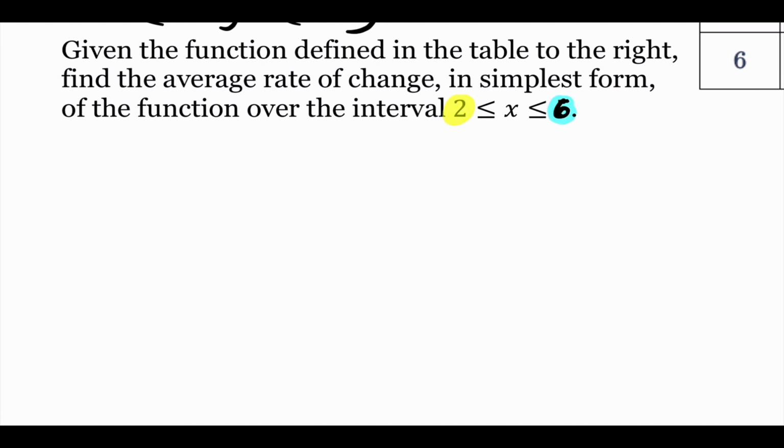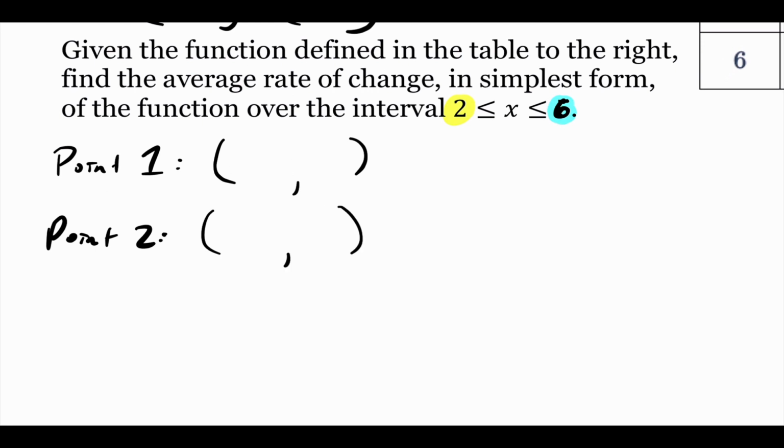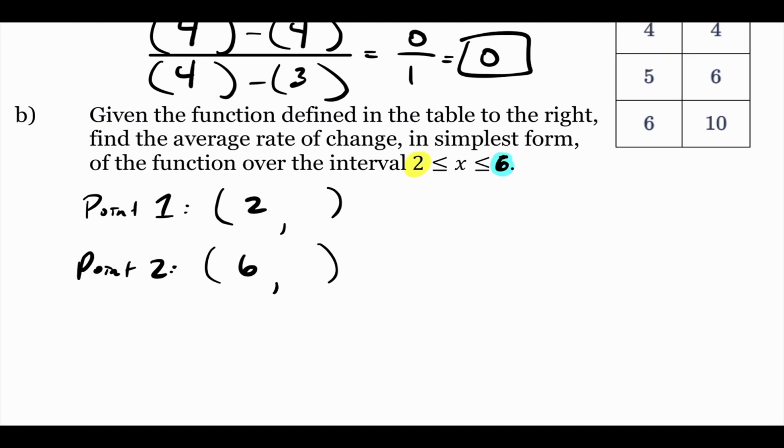From 2 to 6. So the first thing I need is 2 points. 2 and 6 are x's. How do I know they're x's? Because there's an x right here in the middle. So 2, 6.